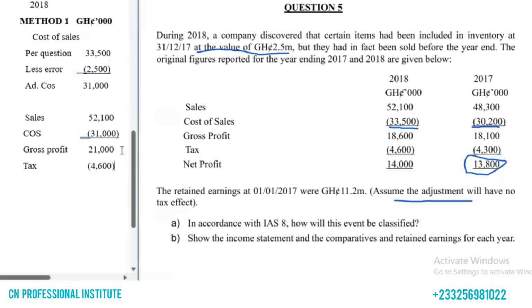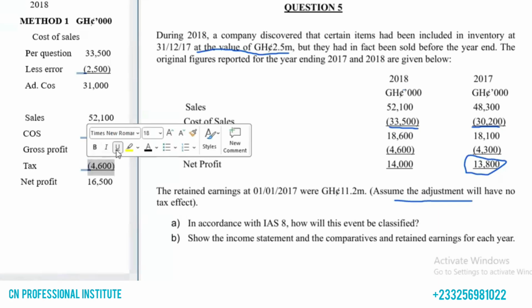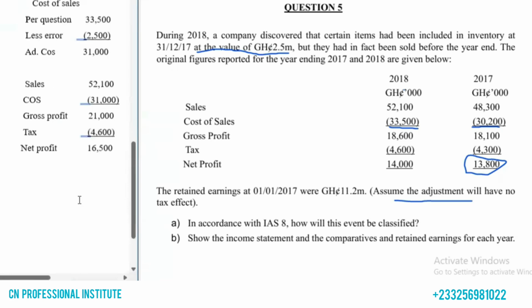When we less it, we have net profit of 16,500. So this is our net profit after deducting the tax, right?